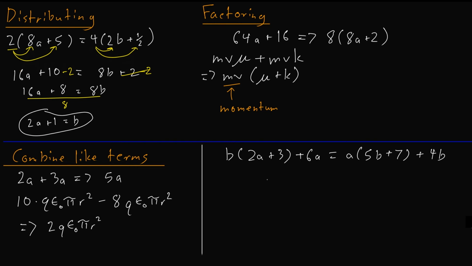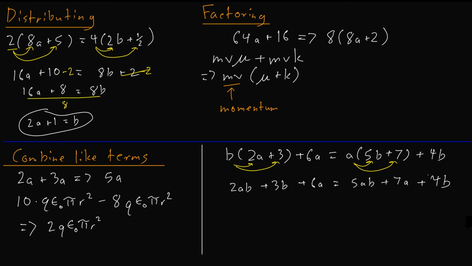Let's try and solve this real fast. Well, we see we can distribute this b in here. We can distribute this a into here. So let's do that. We'll wind up with 2ab plus 3b plus 6a is equal to 5ab plus 7a plus 4b.